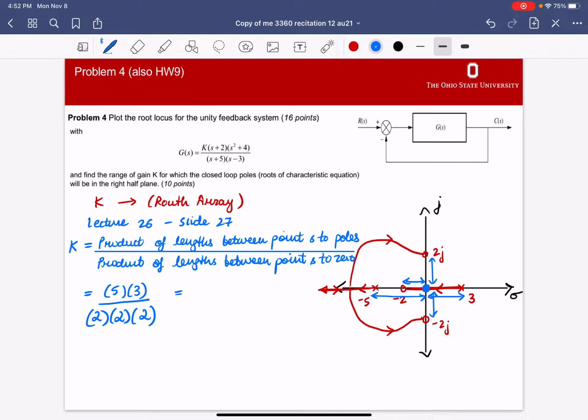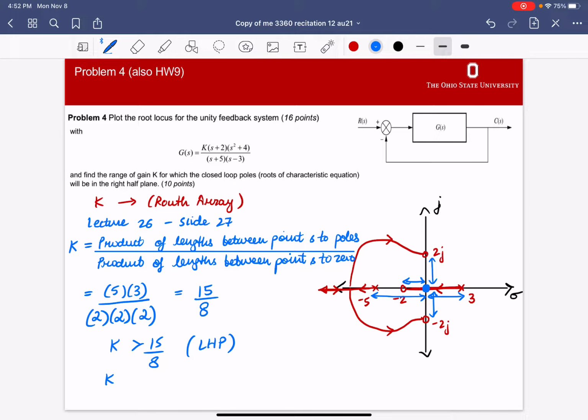So the gain at the origin is 15/8. And that is your critical gain cutoff value, essentially. So if we want everything to be in the left half plane, we want the gain to be greater than 15/8.